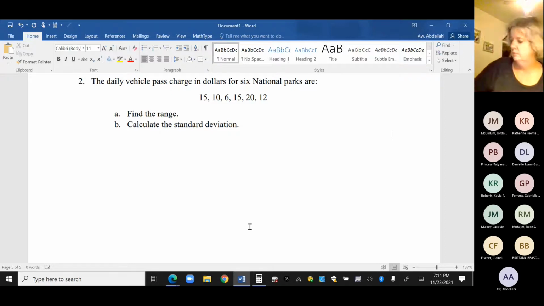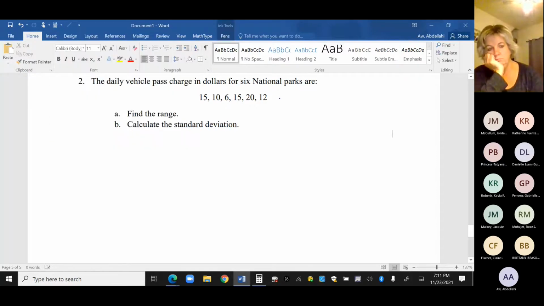All right, by now I think at least some of you maybe did finish. So how much did you get for standard deviation? About how much? I got 10.77. Mm-hmm.